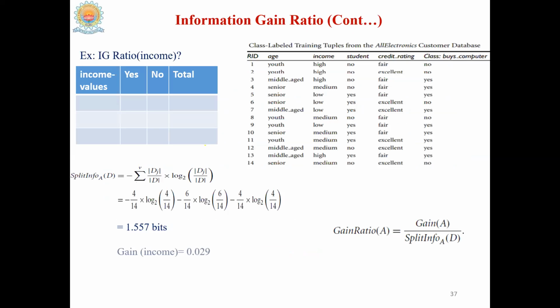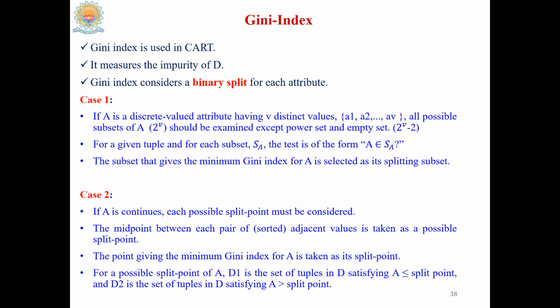It supports only binary splits. Since it supports only binary splits, we use only split point and splitting subset, those two options. It also measures the uncertainty of the attribute. Our main goal is to reduce the Gini index of the split and to increase the Gini index of the overall variable.